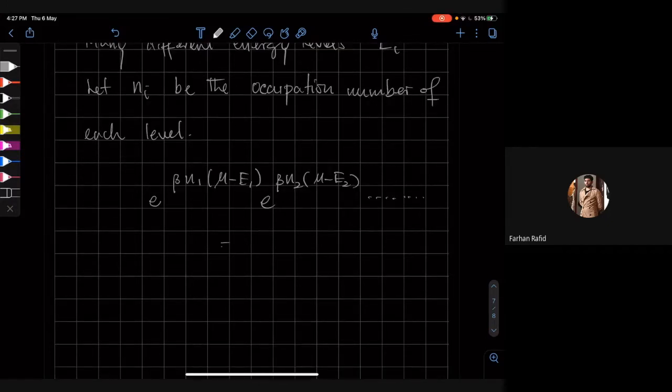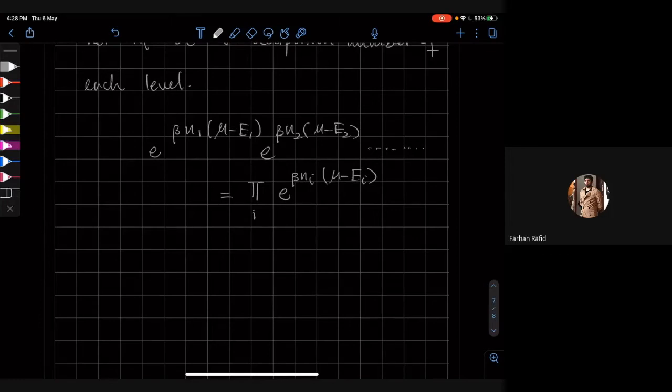So we can express that as a product. This is almost a trivial generalization of what we've been doing. Okay, so what is the grand partition function?